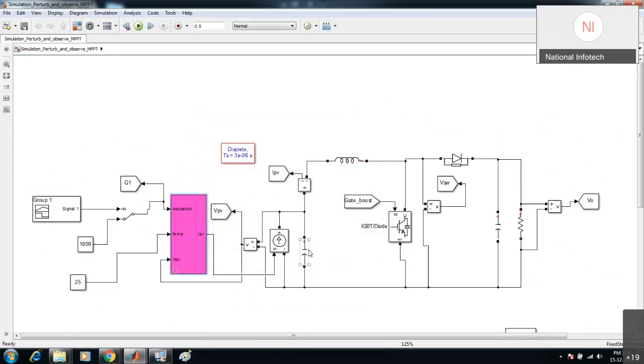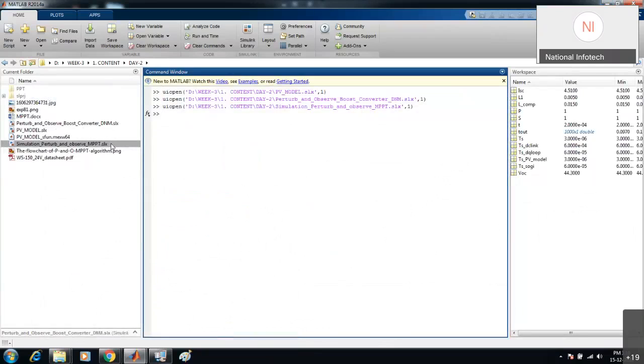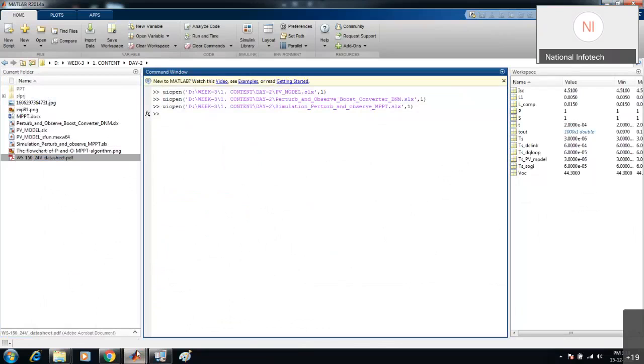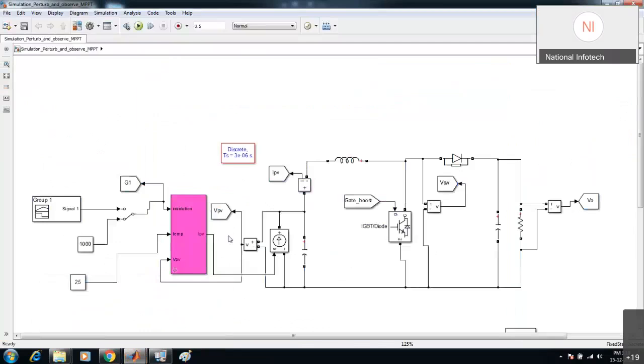Sir, I have one question. How can we decide the input capacitance of the boost converter? Okay, let me show you. Actually, in the boost converter, there's a data sheet given by Texas Instruments. Have you referred to it for the boost converter design?